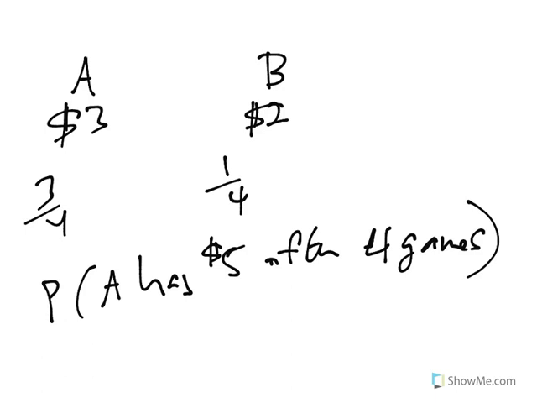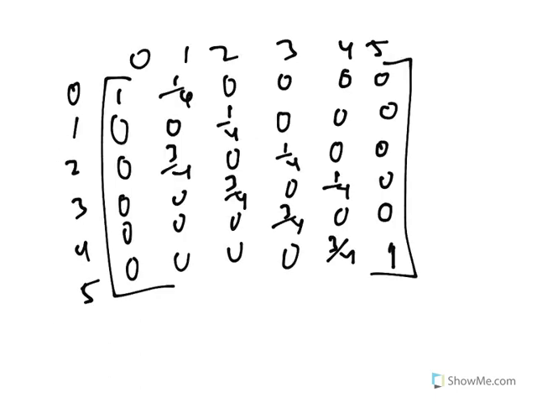So here's what the transition matrix looks like for this one. Once you have $5, the other person's out of money, and the game does not continue. Here I'm tracking A's money. So this is A before the next game, and this is A after.